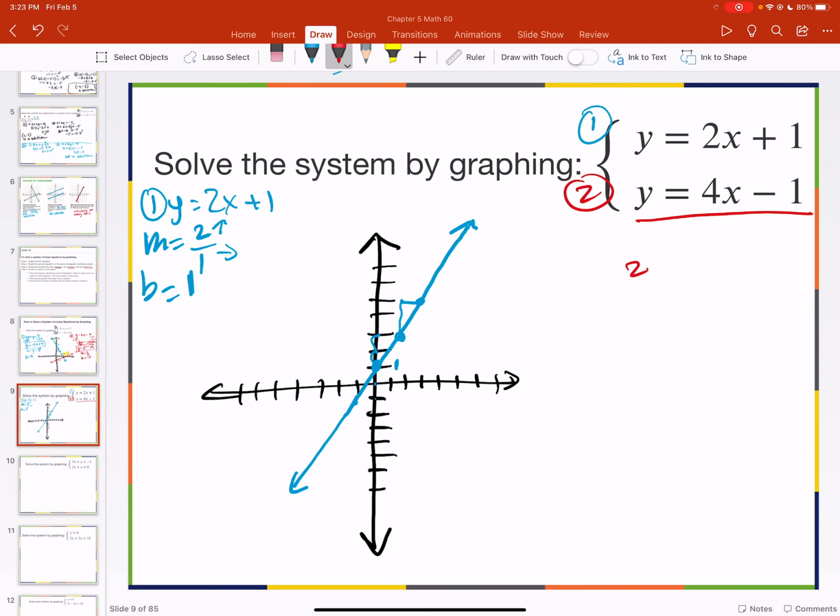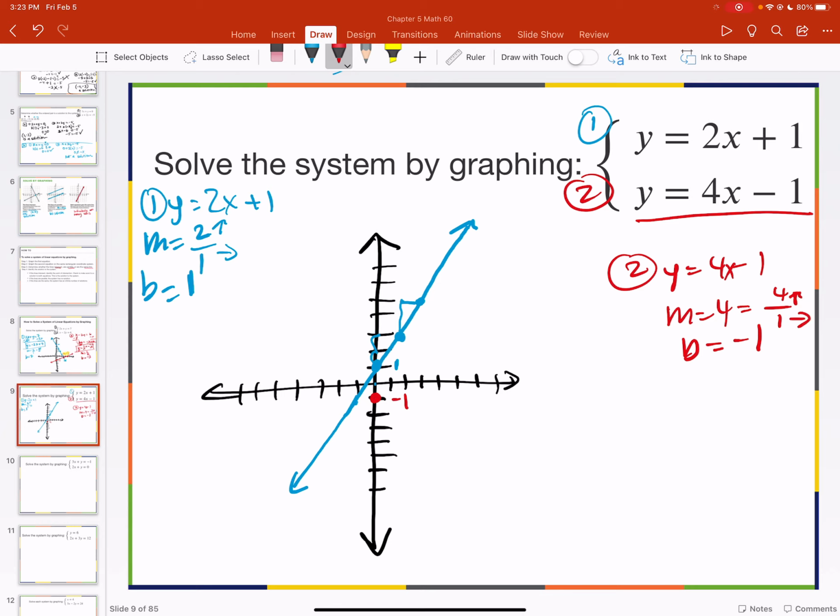Okay, and then let's go ahead and do this one. y is equal to 4x minus 1. This is an x, that means the slope is 4. Why am I drawing weird? Okay, the slope is 4, and the y-intercept is -1. So drawing a point here at -1, that means I'm going to go up 4 and to the right 1.